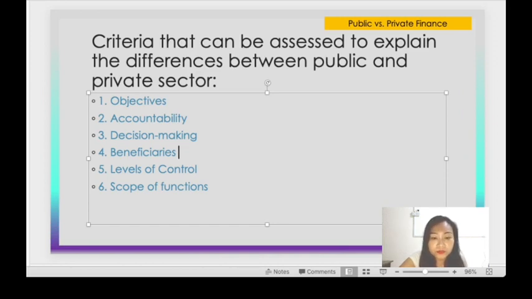And then the levels of control, and then the next one is scope of functions. So there are 6 criteria that you can use to evaluate or to assess in explaining the differences between public and private sector. Okay, should we go first to the first criteria, which is the objective?